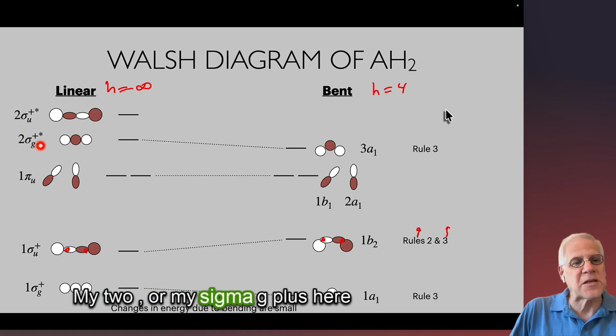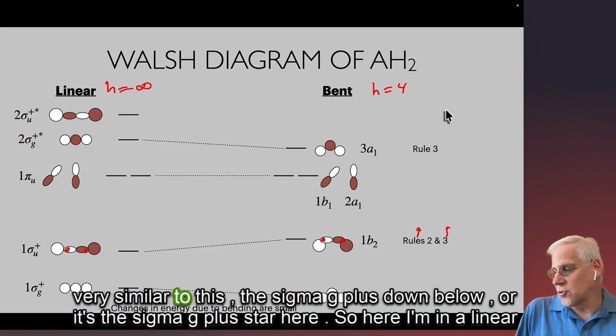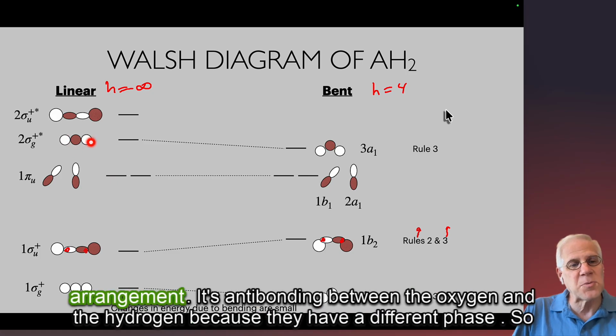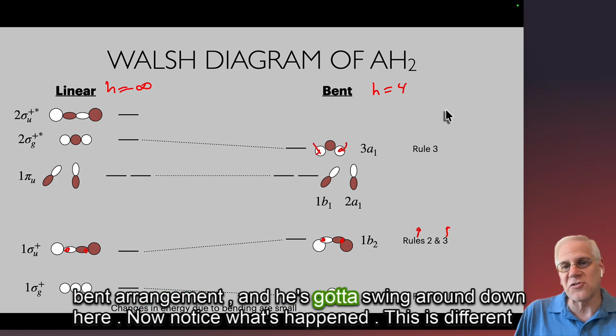My sigma g plus here, very similar to the sigma g plus down below. It's the sigma g plus star here. So here I'm in a linear arrangement. It's anti-bonding between the oxygen and the hydrogen because they have a different phase. So we go to a bent arrangement and these got to swing around down here. Now notice what's happened.